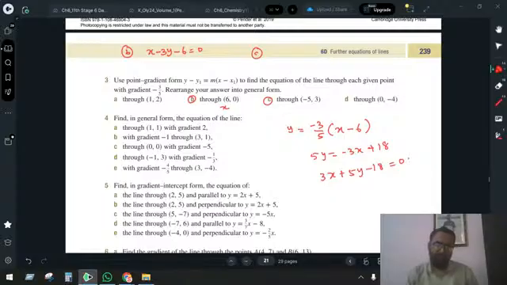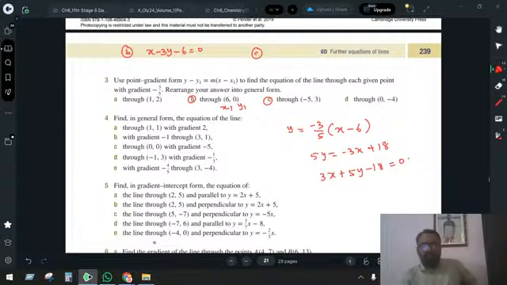Three b. You did the same 3b. Yeah. x1 is 6, y1 is 0. So y minus 0 is equal to m, the given equation of the point for the gradient only, there is no perpendicular.